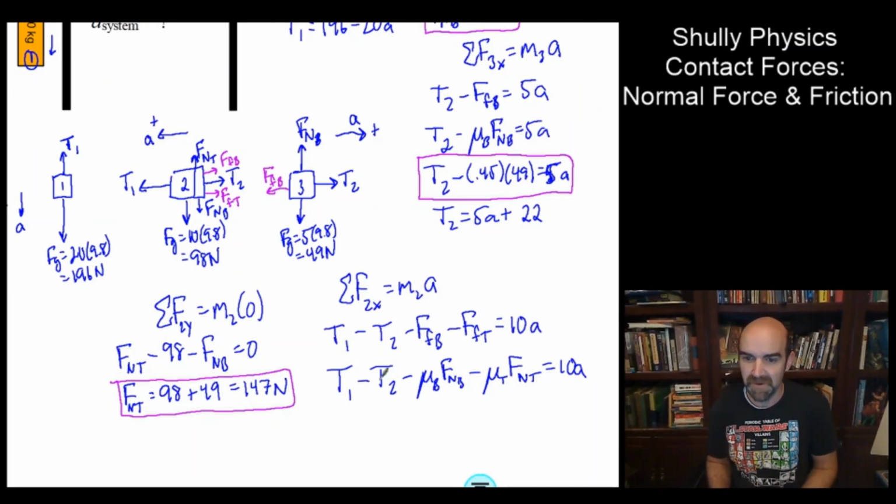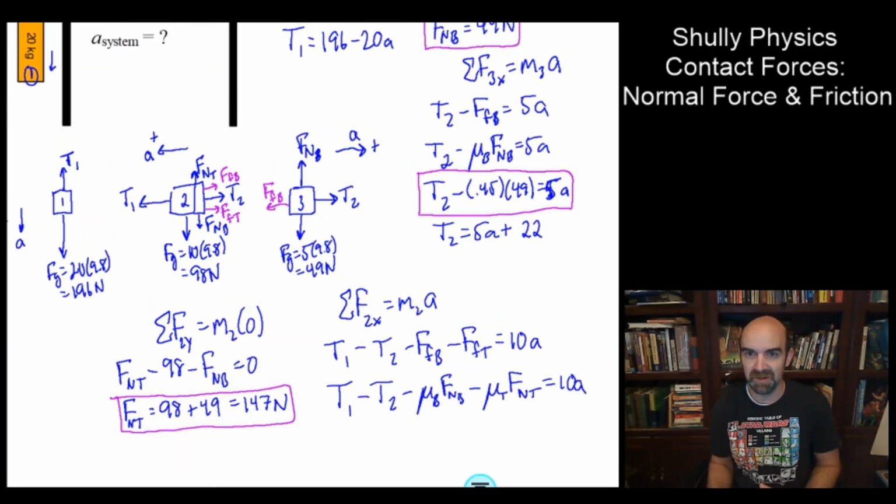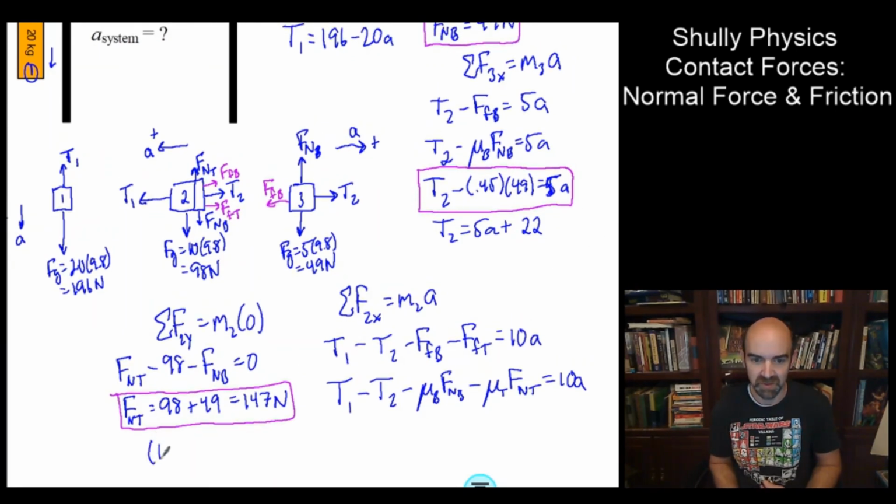It might bite you. So now we can substitute everything in that we know, and I'm going to sub it in down here. T1 is up there at the top, 196 minus 20A. I'm only putting in parentheses so we can see the substitution. Minus T2. T2 is 5A plus 22.